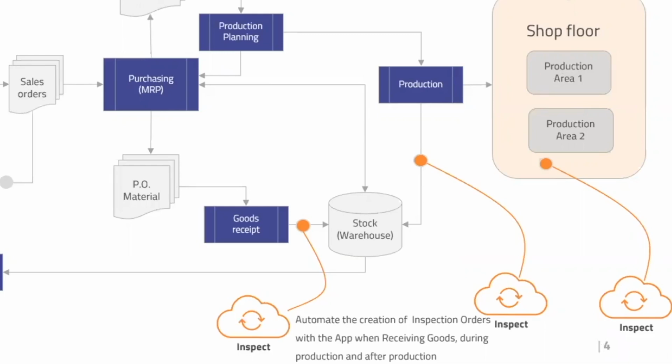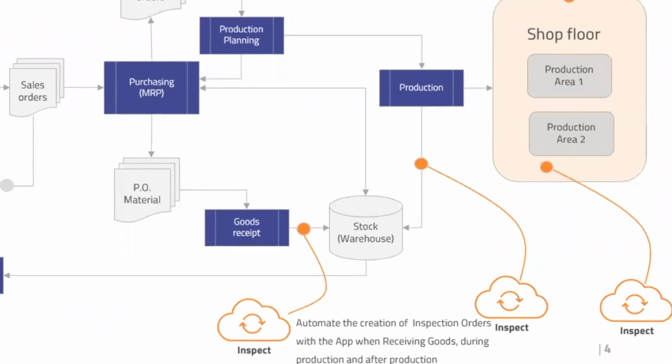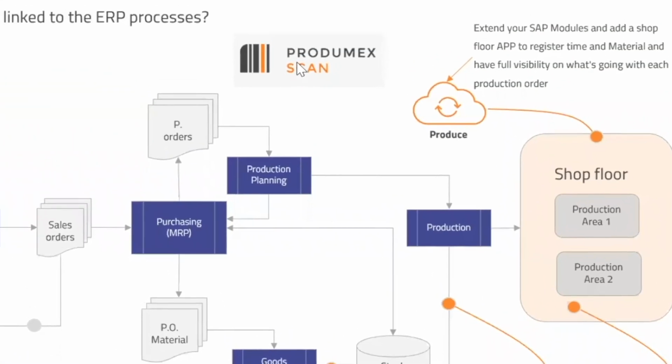You have satisfied customers because you have a quality control solution, and before you send it out, you go ahead and have a quality control order. I mean, when you receive it in from production, to make sure your product is correct. And then Protomix, can you see up here?